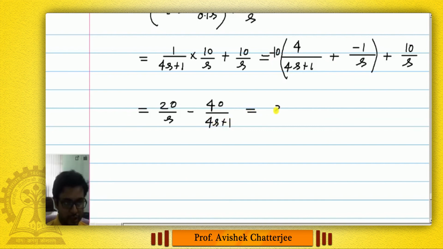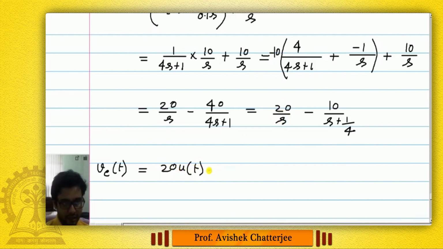This is same as 20 by S minus 10 by (S plus 1 by 4). Now I can take Laplace inverse. VC(t) will be 20 u(t) minus 10 e to the power minus t by 40 u(t).